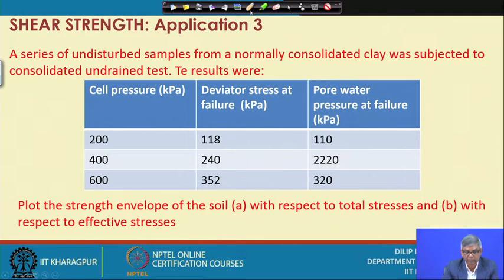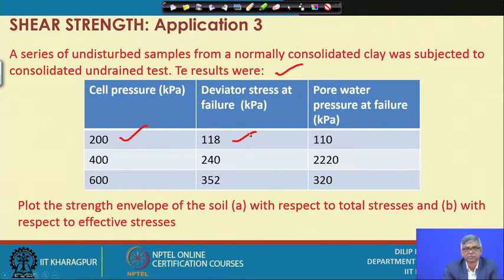Instead of allowing drainage and making the pore pressure 0, the drainage path is closed and the pore pressure developed due to each increment of load is measured.